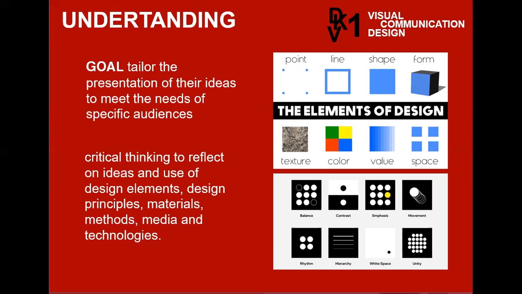The goal of visual communication is to tailor the presentation of ideas to meet the needs of the specific audience. So critical thinking to reflect on ideas and use of design elements, design principles, materials, methods, media, and technologies are needed here by the visual communication designer, right?